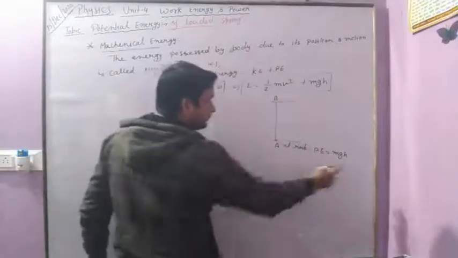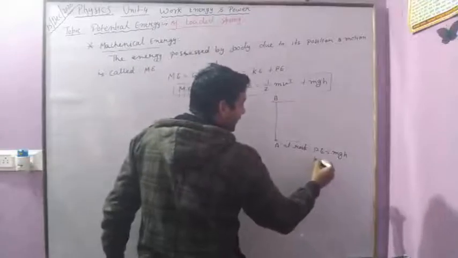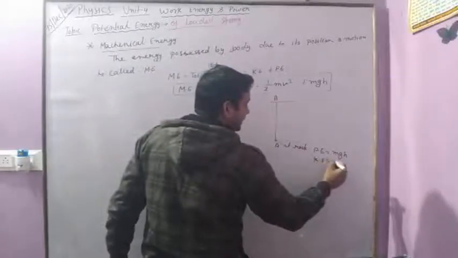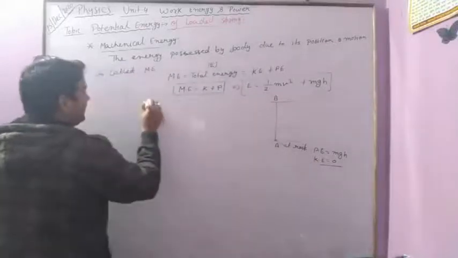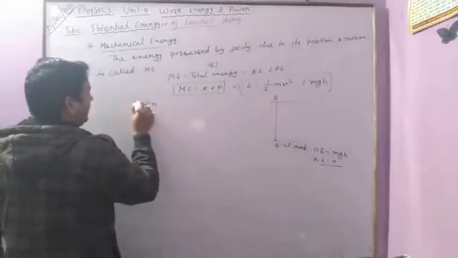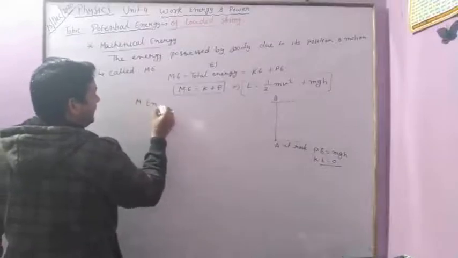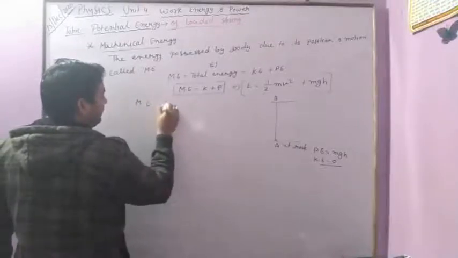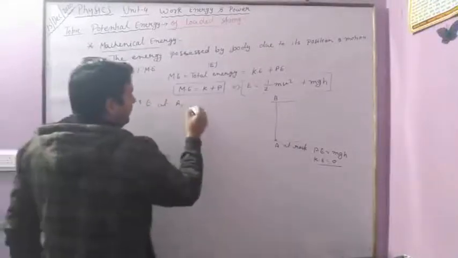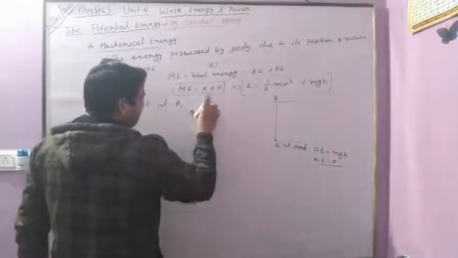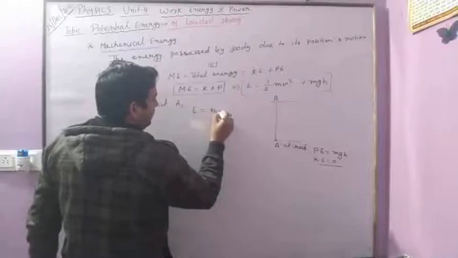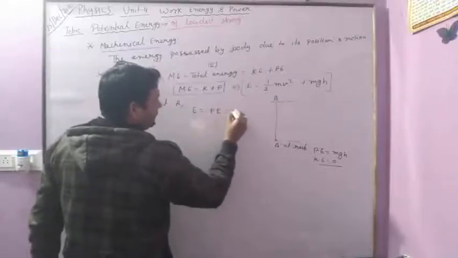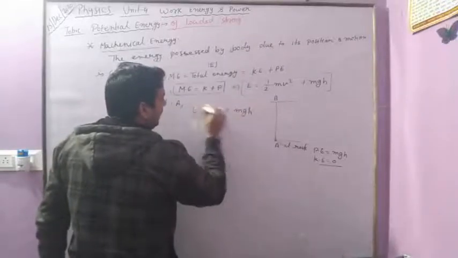Clear? Therefore its kinetic energy at this place is 0. Therefore the mechanical energy at A is only due to potential energy, which is equal to mgh.